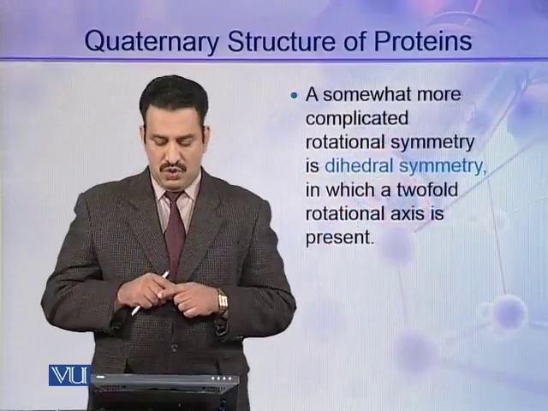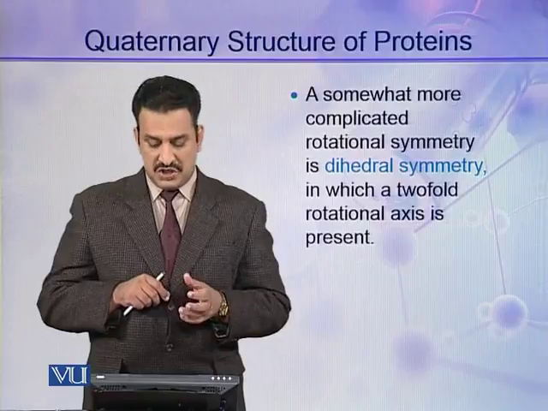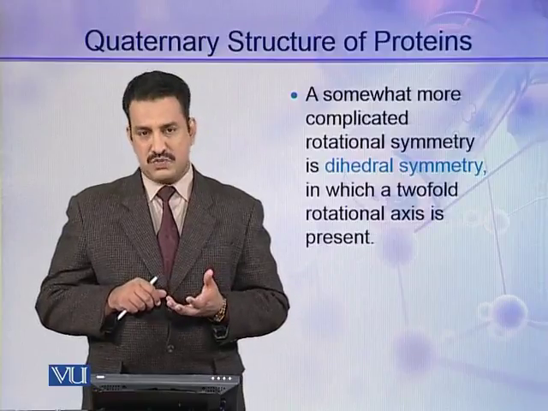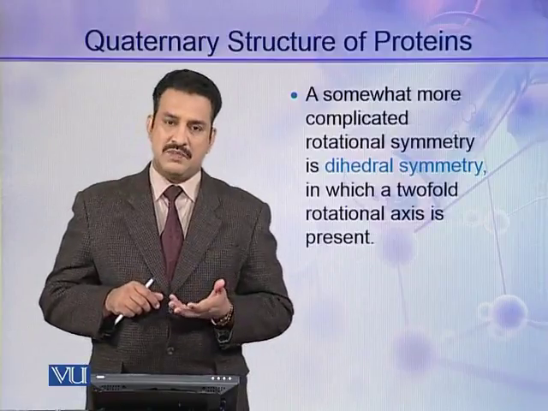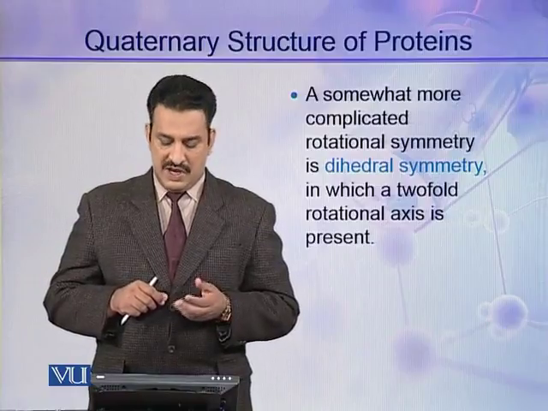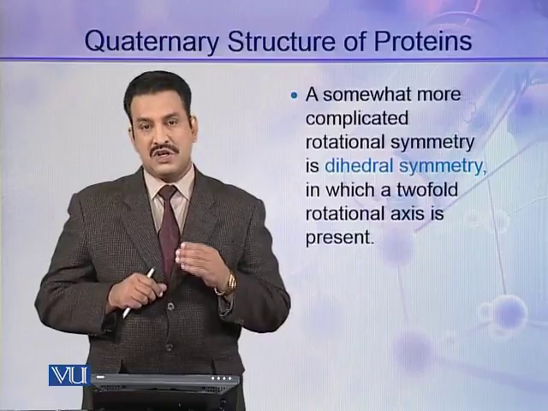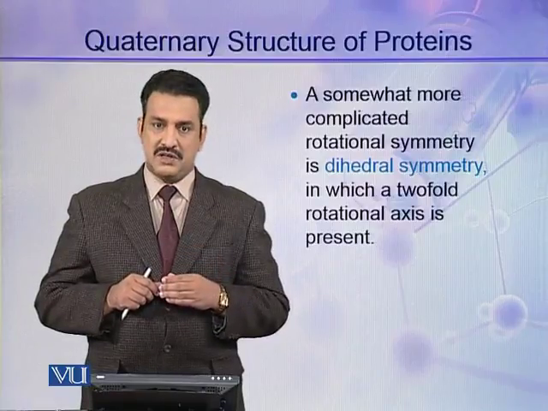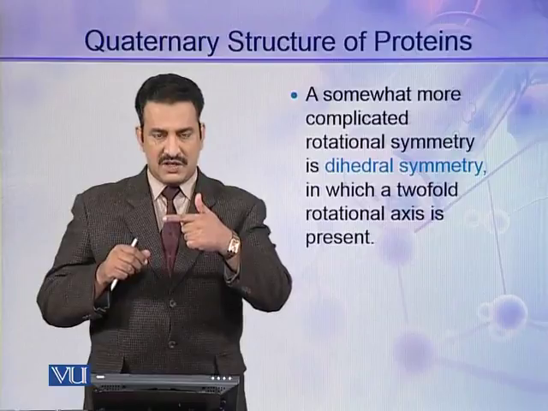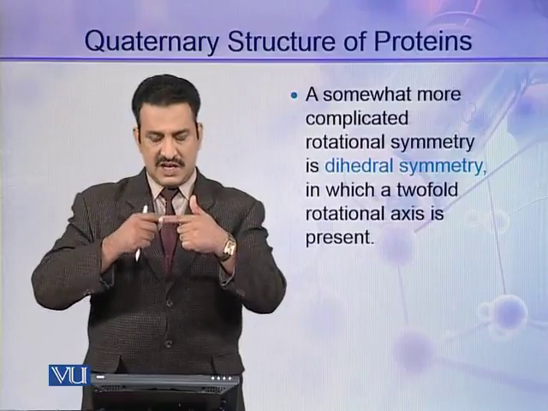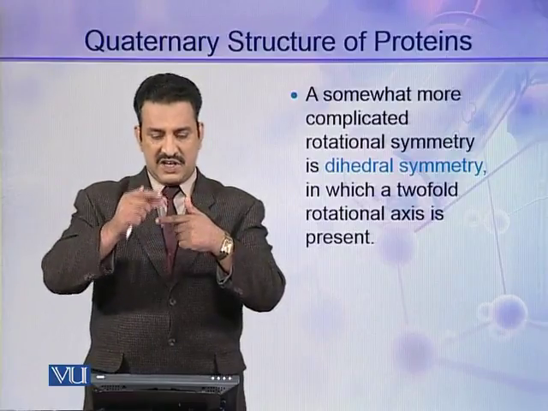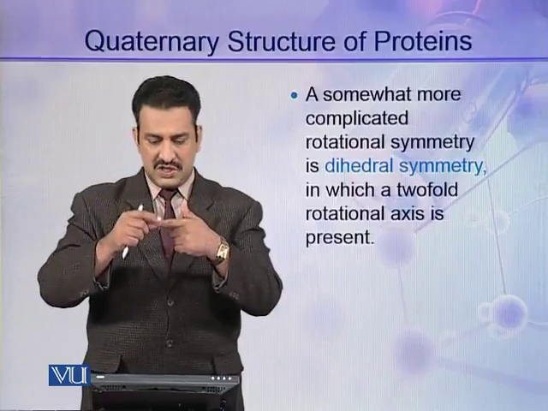A somewhat more complicated rotational symmetry is dihedral symmetry. This is another type of rotational symmetry. And in dihedral symmetry, a twofold rotational axis is present. That means there is one rotational axis, and protomers are arranged like this.